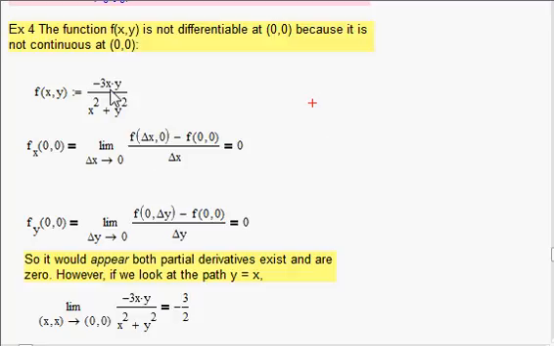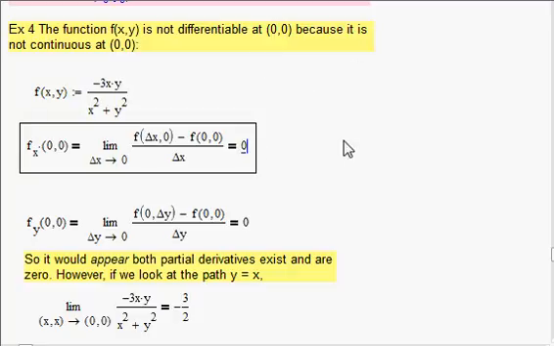Because we'd be putting in delta x for x and 0 for y, so we have a 0 numerator, and we have a delta x squared plus 0, so we have 0 over a number, and therefore we get 0. So that's not a problem. This is 0, this is 0, so over some number that's approaching 0, so we still get 0.